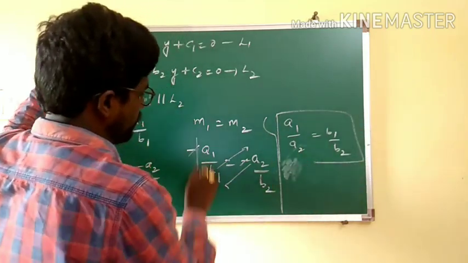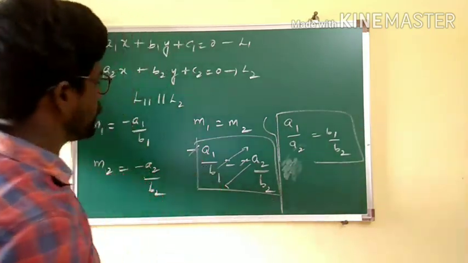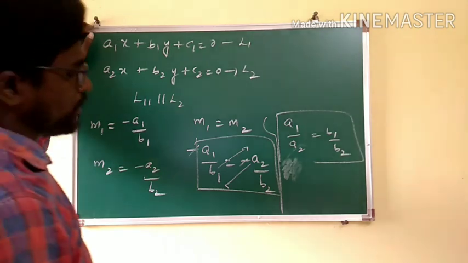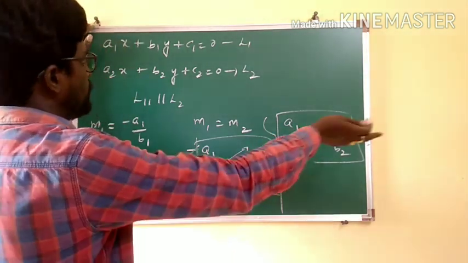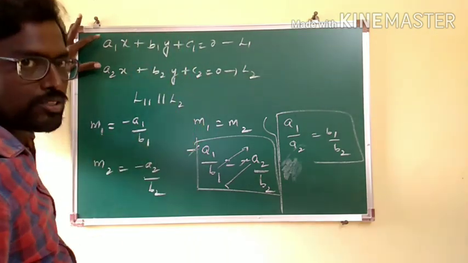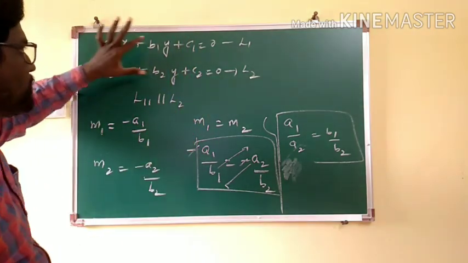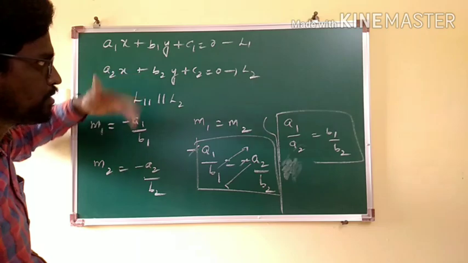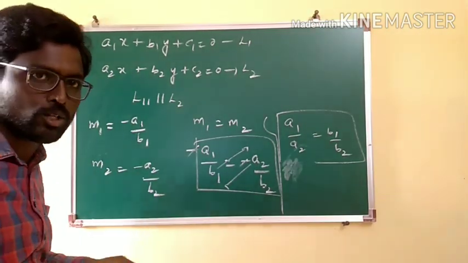Either you can write the condition a1 by b1 is equal to a2 by b2, or the condition a1 by a2 is equal to b1 by b2. You only check that these two ratios of a1 and a2 and b1 and b2 are equal. Then you say the lines are parallel to each other.